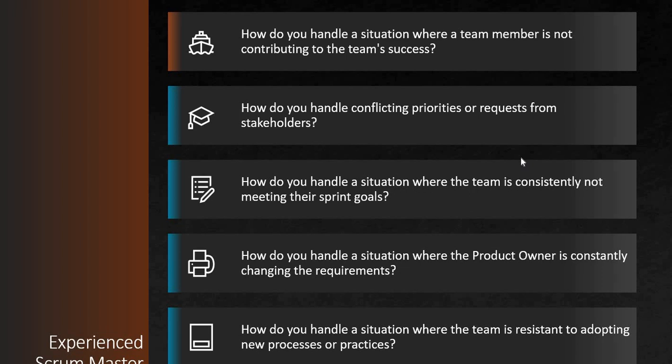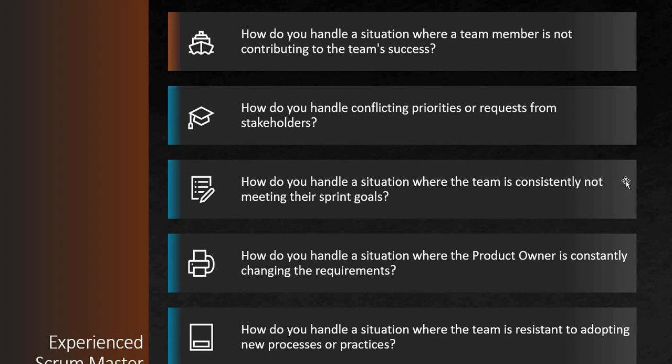Once the root cause is identified, I would work with the team to develop an action plan to address the issue, such as adjusting the sprint backlog, improving communication and collaboration, or implementing new processes and tools. I would also facilitate a retrospective to reflect on what worked well and what can be improved in future sprints.